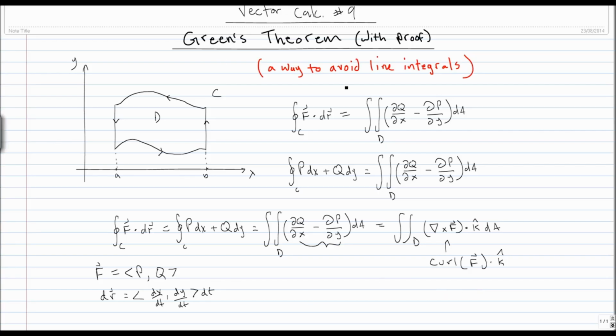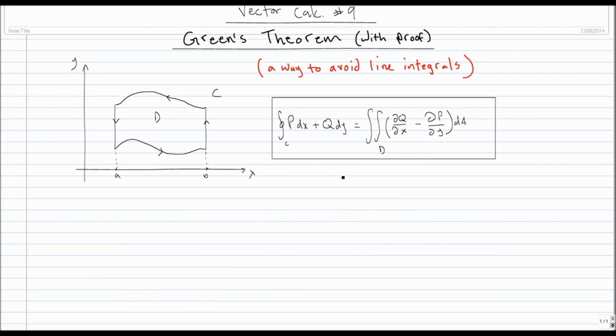Okay. I don't think I talked about curl yet, so I'm not going to use this notation here. I think I'll save that until I actually give it a more thorough description. But right now, the form of Green's theorem that I'm actually going to look at is this guy right here.